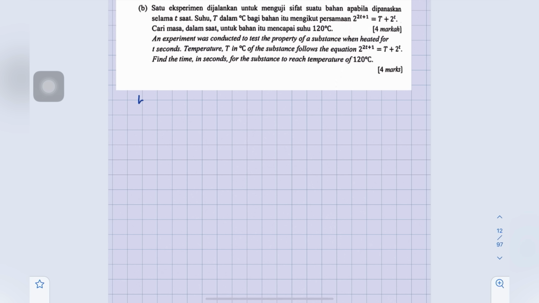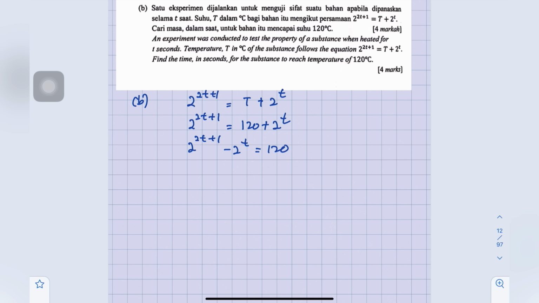So from the given equation, 2 power of 2t plus 1 equals T plus 2 power of t. So big T is 120. So we substitute. Then we group together: 2 power of 2t plus 1 minus 2 power of t equals 120.